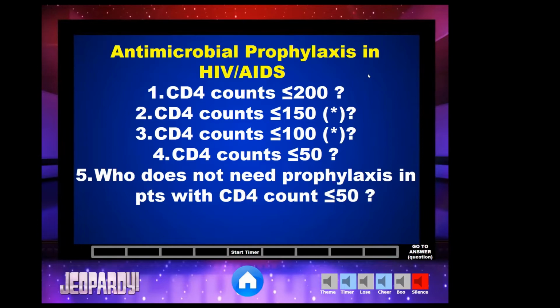You answered 4, so why is that recommendation done? Yeah, you're on the right track. I'm trying to remember. Do you know why you no longer do MAI prophylaxis at less than 50? Anybody from the team can unmute and answer.